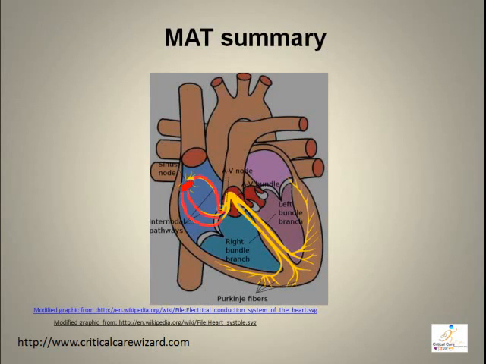MAT may start anywhere in the atria. This abnormality presents an inconsistent shape of the P wave in the ECG paper.